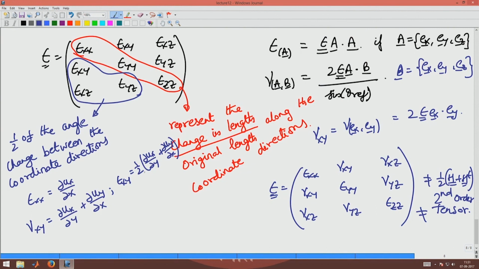This half that we have here is what makes this a second order tensor.